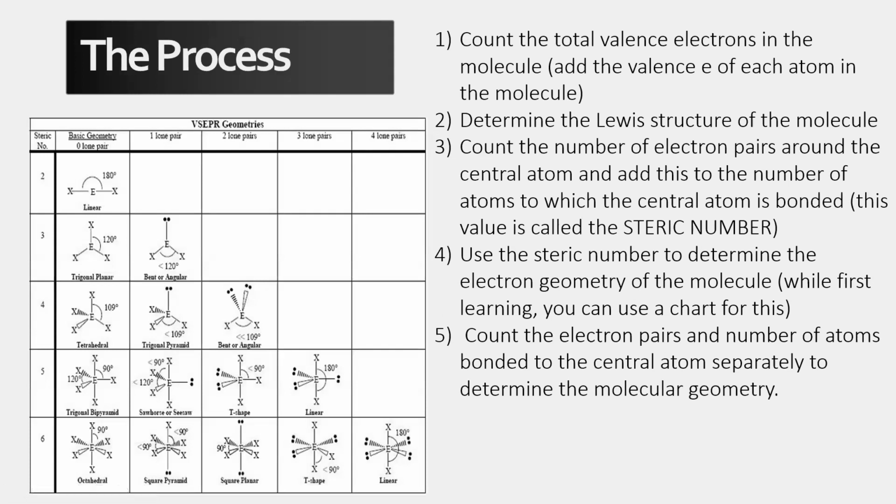Well, this is what the process looks like. First thing you're going to do when you have a molecule is count the total valence electrons in the molecule. You're going to add the valence electrons of each atom in the molecule.